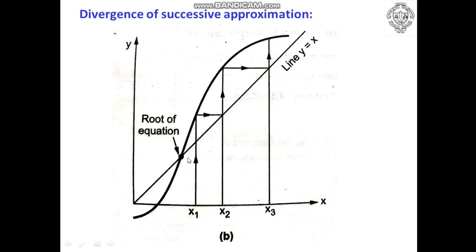That means you will never approach or reach this particular root because you are going away from it. That is why it is called divergence of the method. This indicates that if the absolute value of g dash of x is greater than 1, then your method diverges. So these are the two examples where you can witness that the absolute value of g dash of x is greater than 1.